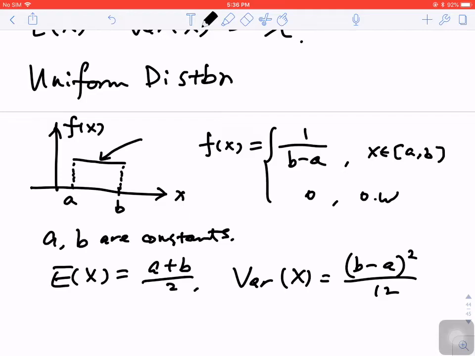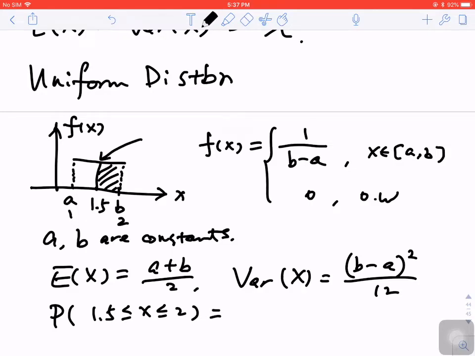For example, say A is equal to 1, B is equal to 2, and you would like to calculate the probability that X falls into this interval. In this example, this is 1.5, and this is the area that we would like to calculate. Instead of the traditional integral method, you can use the geometric method.